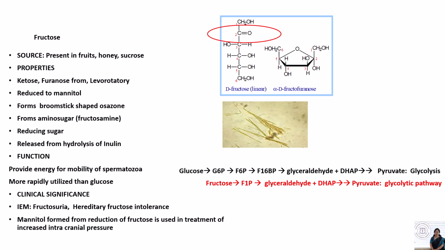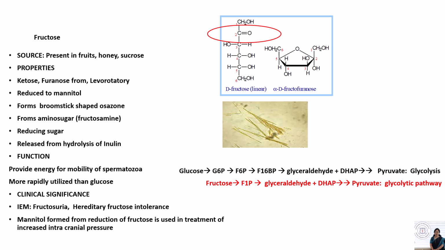Fructose gets phosphorylated to fructose 1-phosphate by fructokinase enzyme, and fructose 1-phosphate is broken down to glyceraldehyde 3-phosphate and dihydroxyacetone phosphate by aldolase B enzyme. So the subsequent steps are similar to that of glycolysis. What we need to observe is that the first two steps of glycolysis, when glucose enters the glycolytic pathway, are bypassed by fructose. That's the reason why fructose is more rapidly metabolized than glucose.